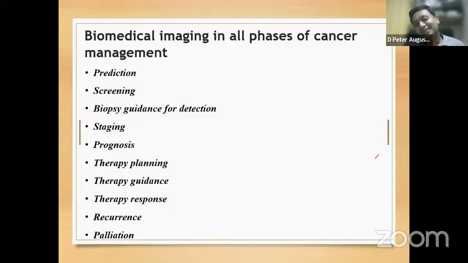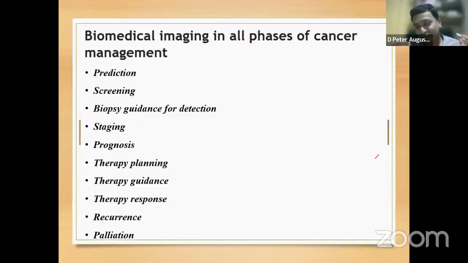Before I tell you this: biomedical imaging covers all phases of cancer management, like prediction, screening, biopsy guidance for detection, staging, prognosis, therapy planning, therapy guidance, therapy response, recurrence, palliation, all these stages.